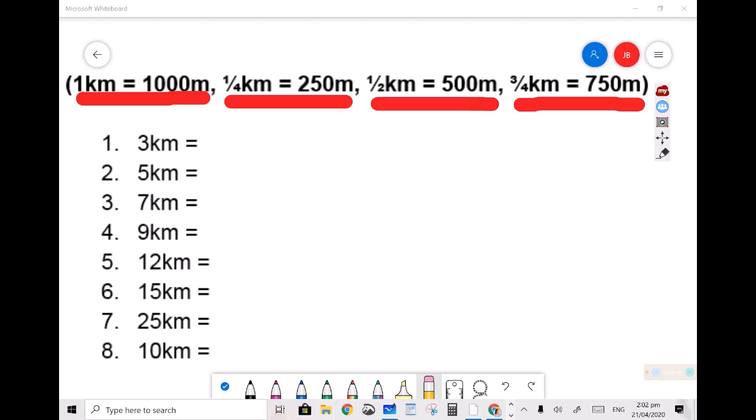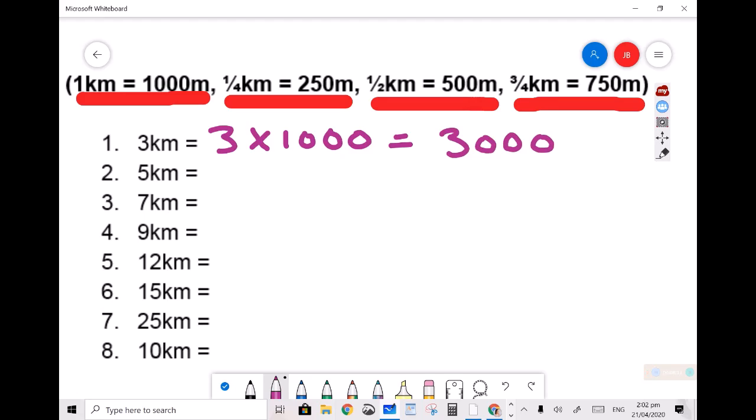If we look at the first question, 3 kilometers is basically 3 multiplied by 1,000, which is equal to 3,000 meters.